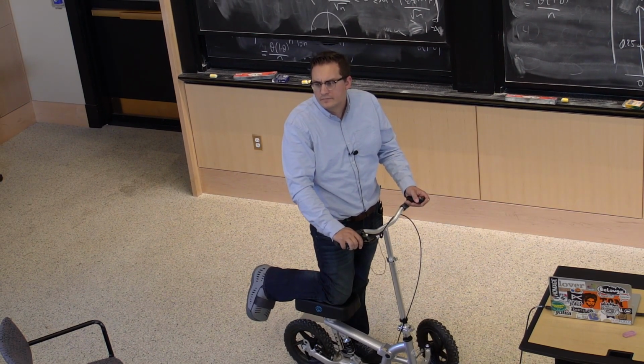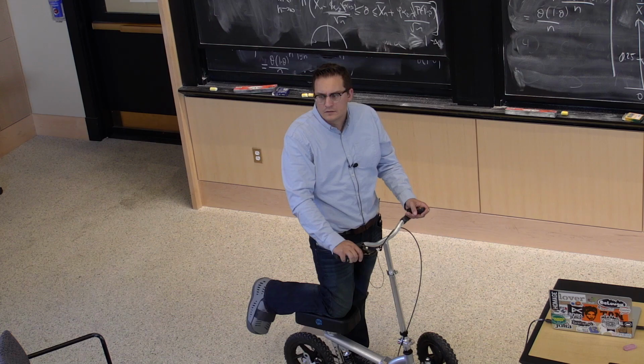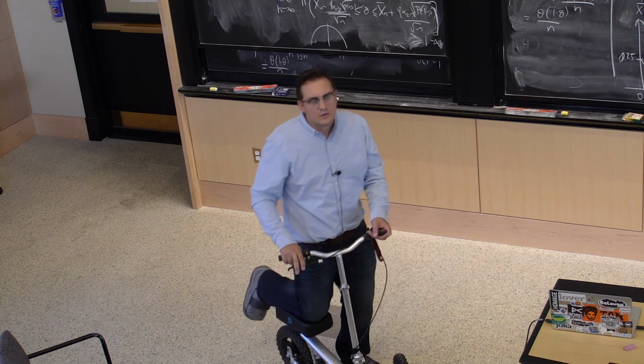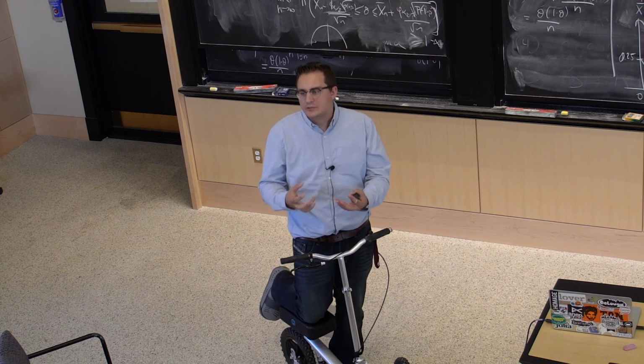So Slutsky holds for any continuous function g, but Xn converges to X in distribution and g of Xn converges to g... So that's not Slutsky, right? Slutsky is about combining 2 types of convergence.